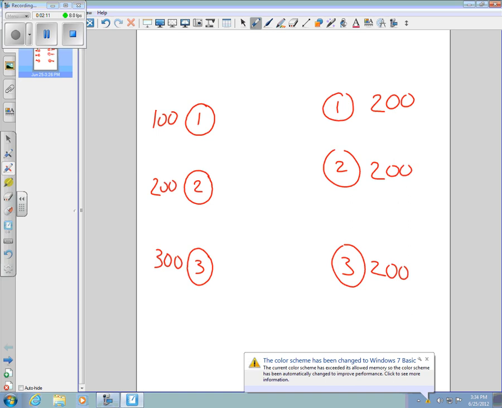And then each potential route, or each potential ability to ship units from a particular node to a particular node, we'll represent with an arrow. Okay, so I can ship from origin 1 to destination 1, I can ship from origin 1 to destination 2, and I can ship from origin 1 to destination 3.